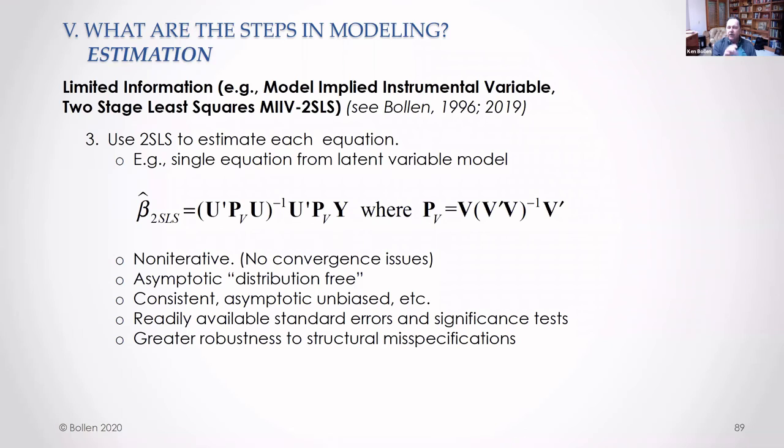So you formulate the model, and in all likelihood, you are making some mistakes. What this estimator does is it's better at isolating the mistakes in other equations and preventing them from entering the particular equation that you're estimating. So it's more robust to those structural misspecifications.